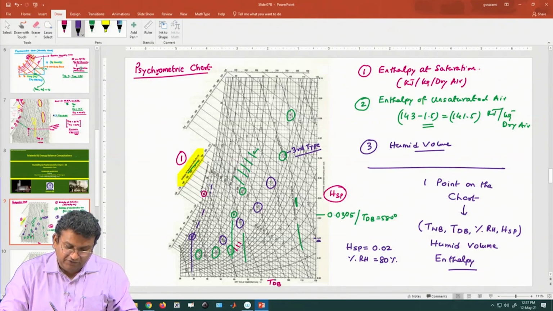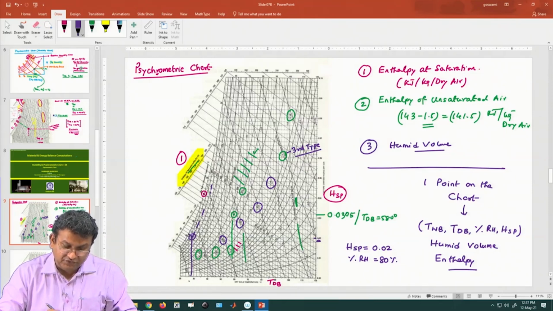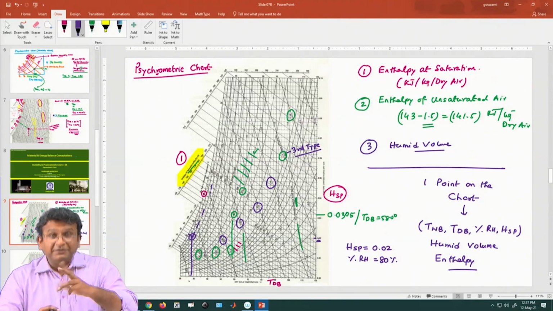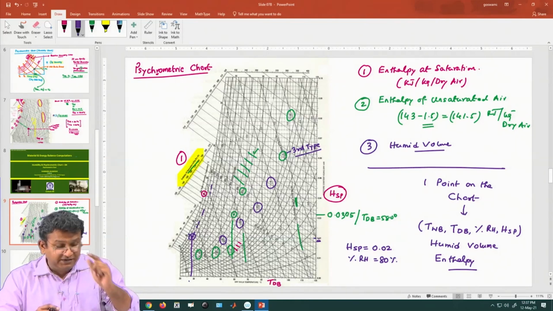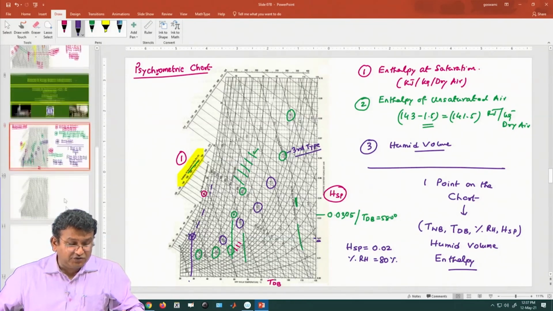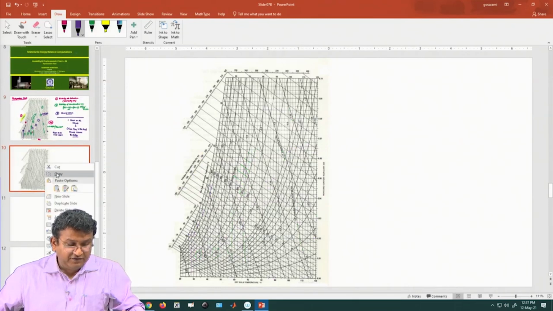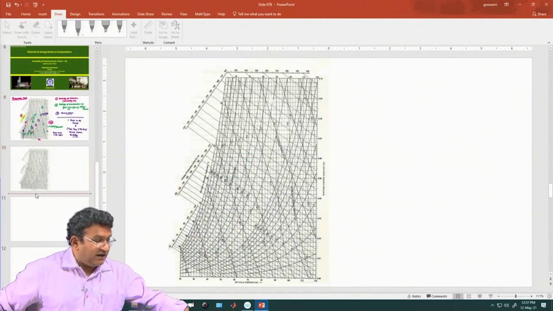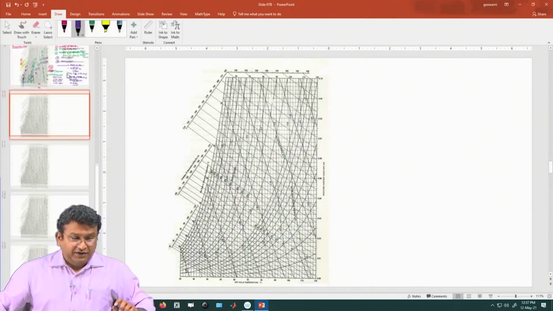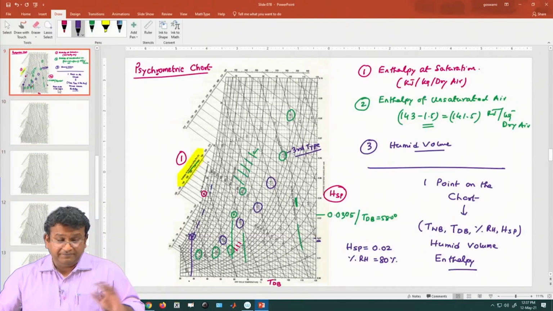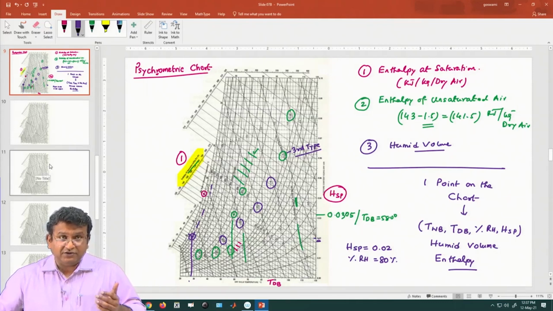So, straight away you can find out the dry bulb temperature, which is 28 degrees centigrade, the wet bulb temperature is 26 degrees centigrade. Dry bulb temperature and wet bulb temperature very close to each other means that the system is very close to saturation, right. So, these things you can clearly understand. So, I hope now you can locate points on the psychrometric chart quite easily.